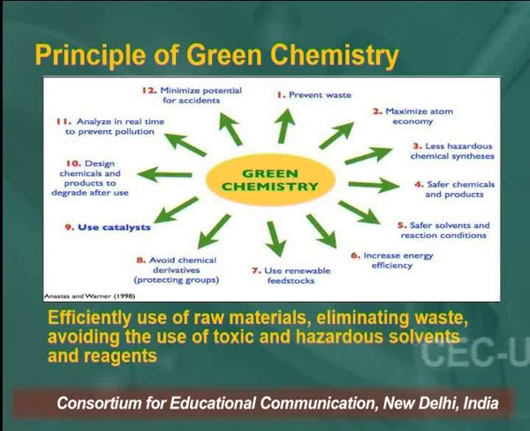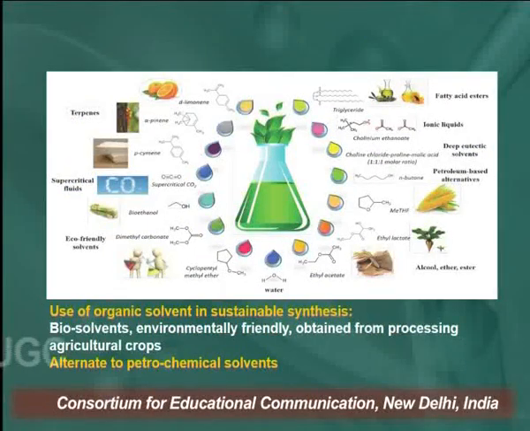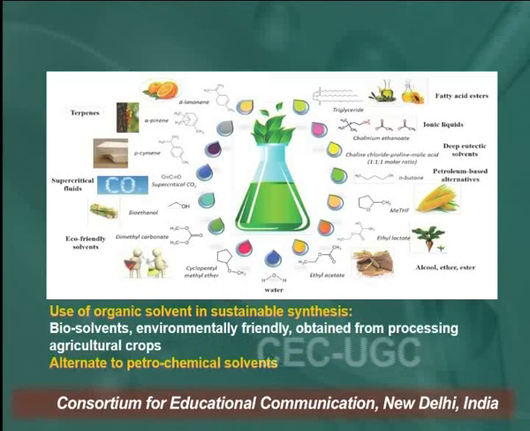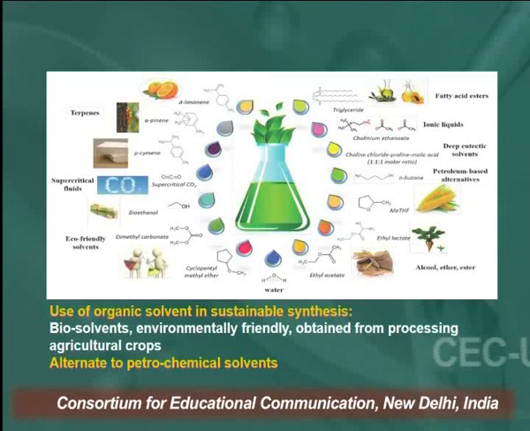Green chemistry is the efficient use of raw materials, eliminating waste, and avoiding the use of toxic and hazardous solvents and reagents. The organic solvents used in sustainable synthesis are biosolvents, because biosolvents are environmentally friendly solvents obtained from the processing of agricultural crops or non-food products.